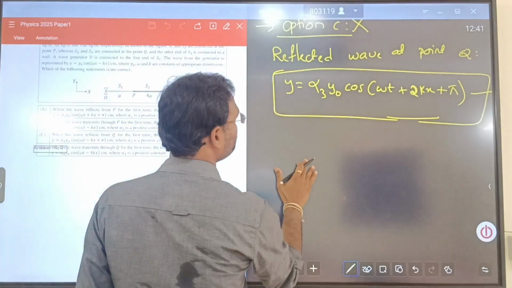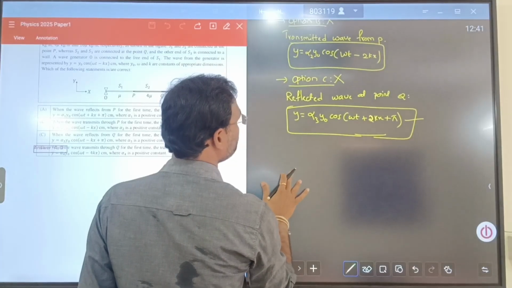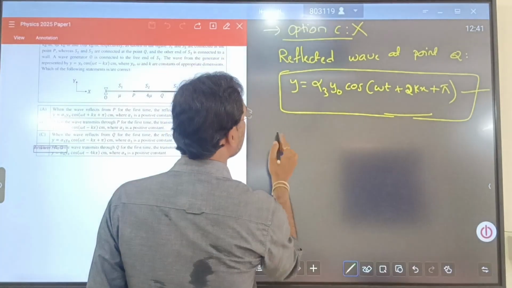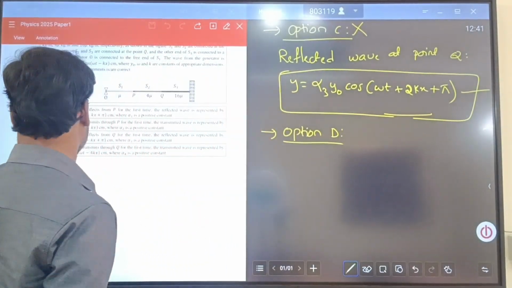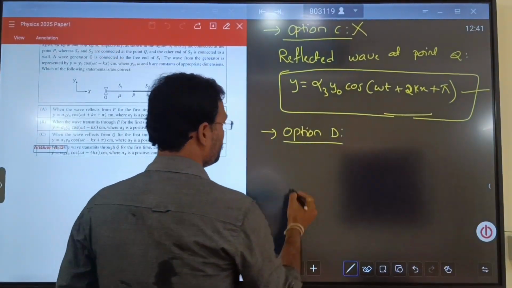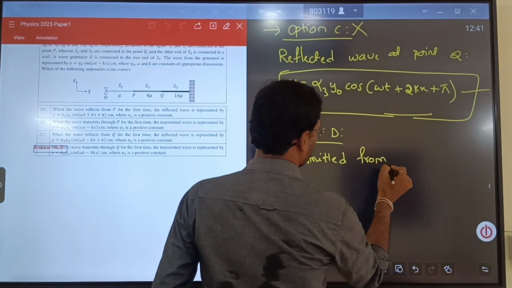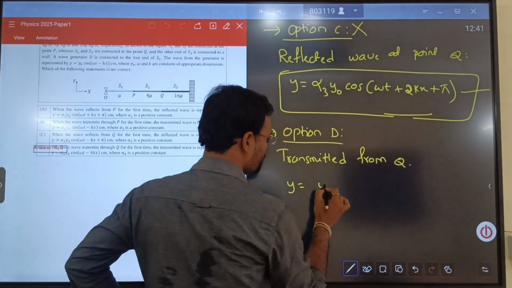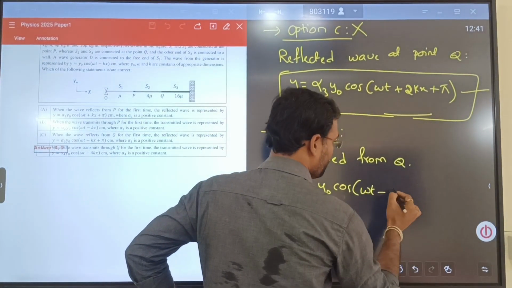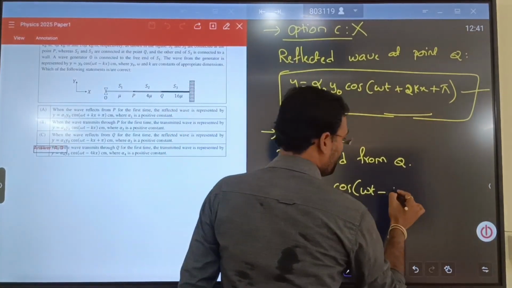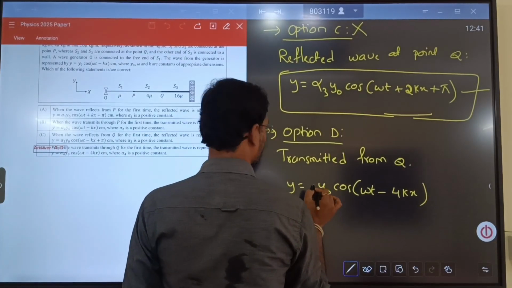And the last one is option D. Let us verify option D. When the wave transmits through Q for the first time, what is transmitted from Q? y equals y naught cos(omega t, transmitted moving in the forward direction, minus 4kx), because for the third thread the wave number is 4k. And the constant, they are representing with alpha 4.